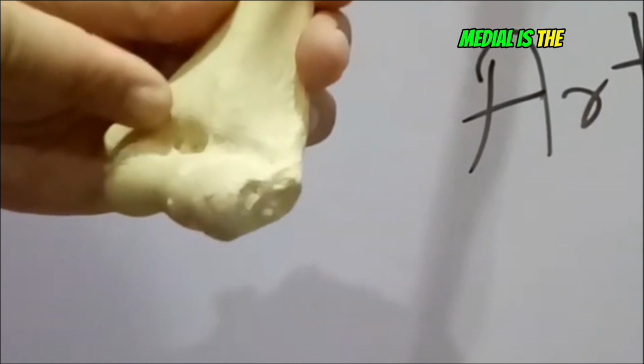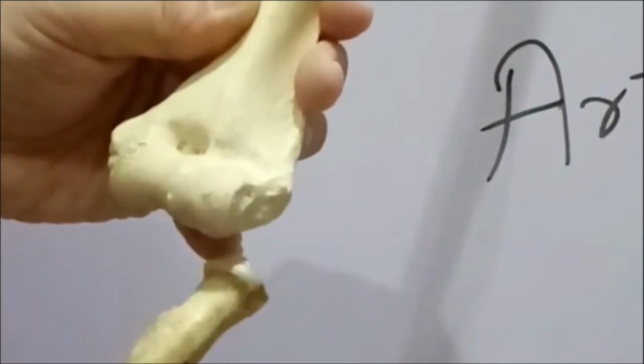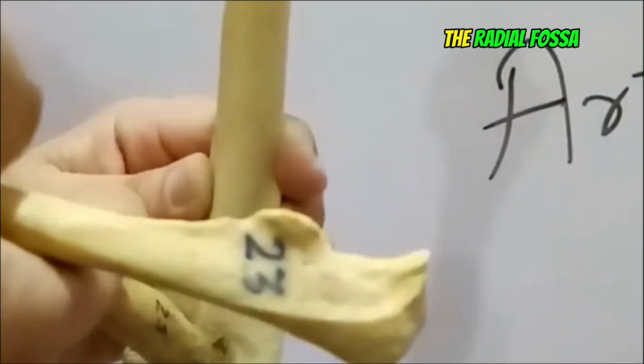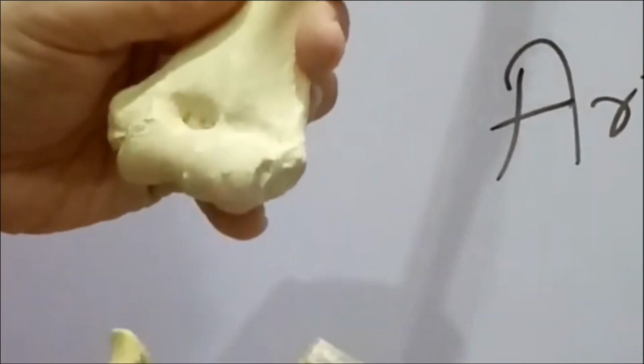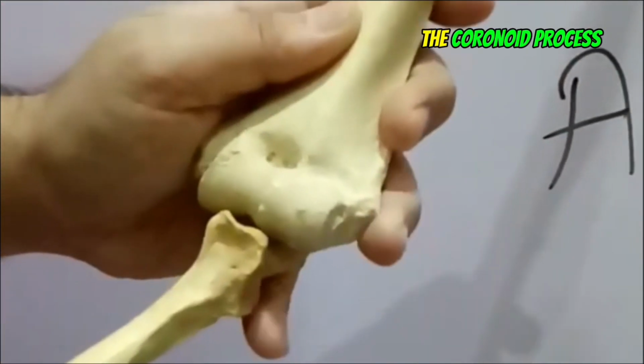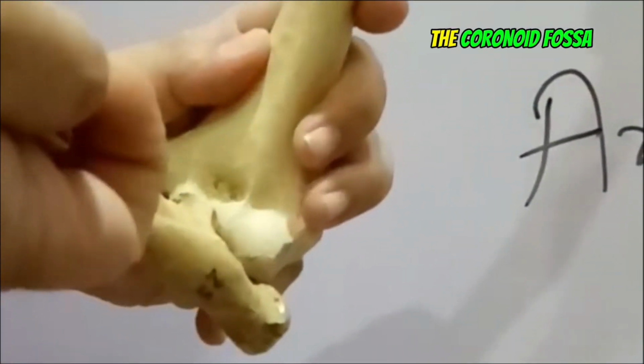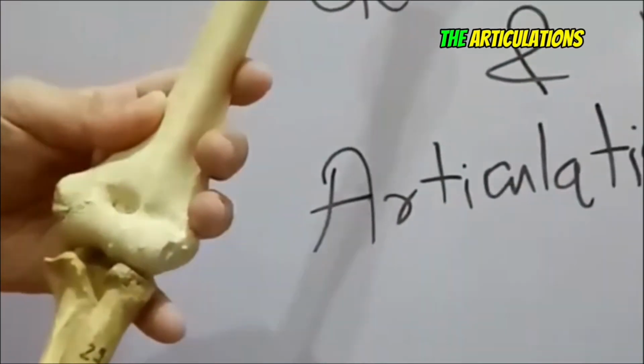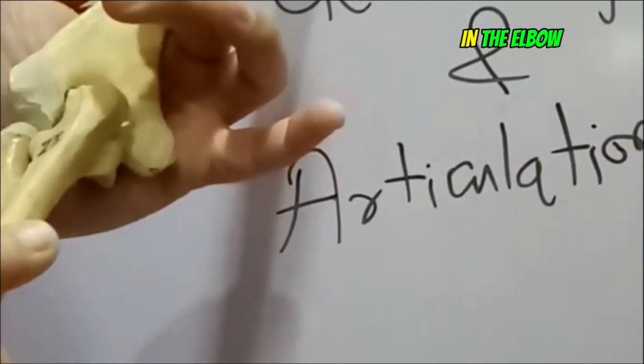Medial is the coronoid fossa, lateral is the radial fossa. So in flexion, the head of radius fits into the radial fossa, whereas the coronoid process will fit into the coronoid fossa. So these are the articulations in the elbow joint.